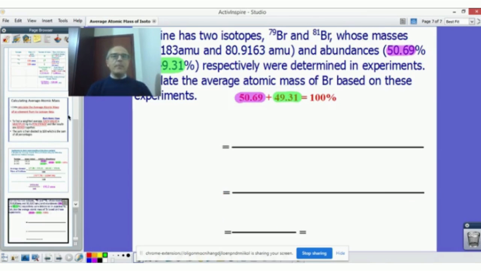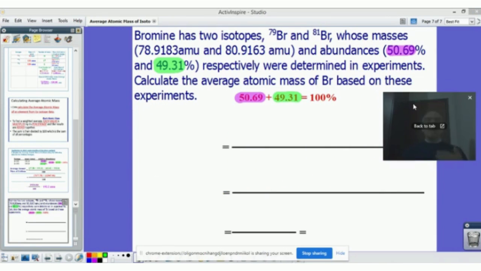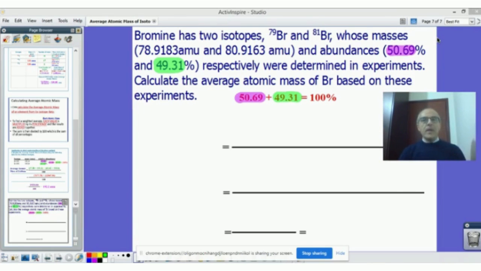As a further example, I will ask a student to calculate the average atomic mass of bromine. Bromine has 2 isotopes, bromine 79 and bromine 81. Their atomic masses are 78.9183 AMU for Br79 and 80.9163 AMU for Br81, and the percentages of abundance are given. I need to make sure that their sum is equal to 100.